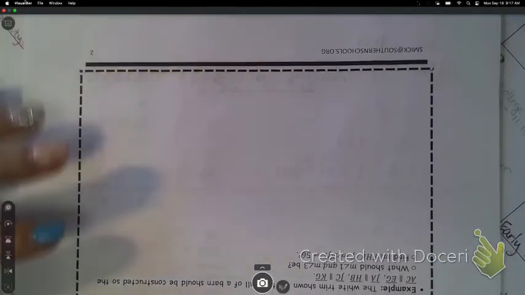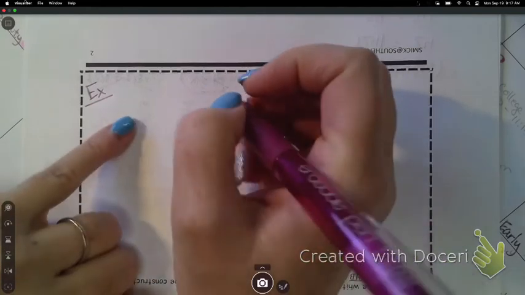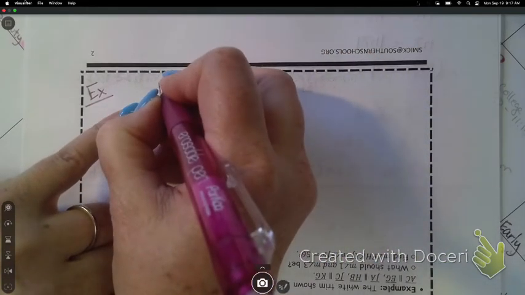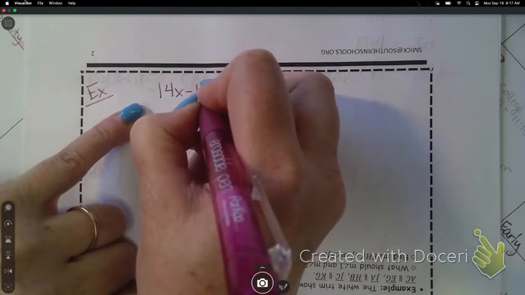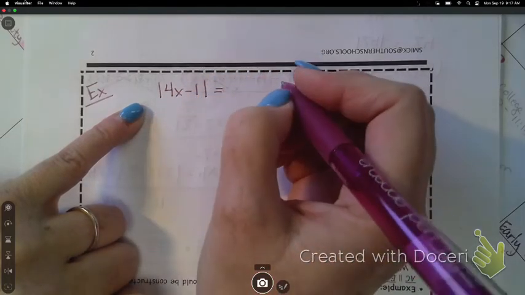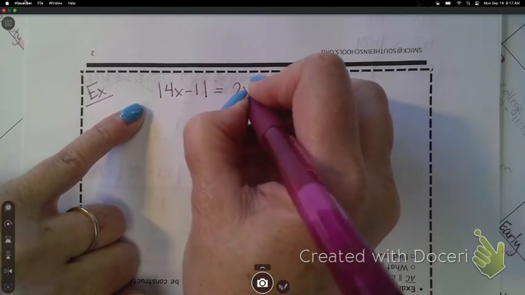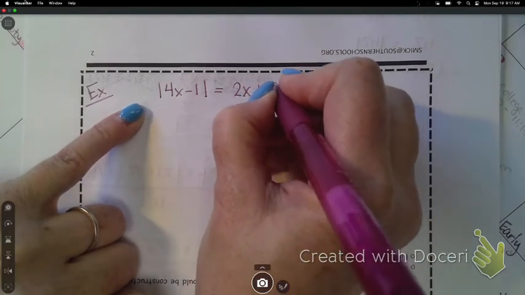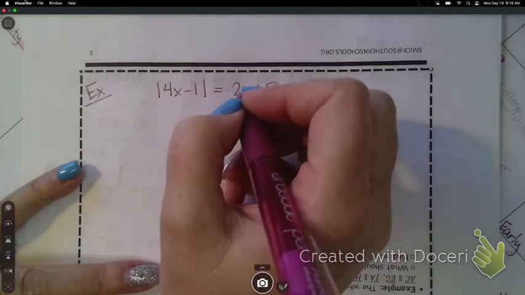Okay, so the last example I want to do is the absolute value of 4x minus 1 is equal to 2x plus 9. The other side is minus 2x minus 9.